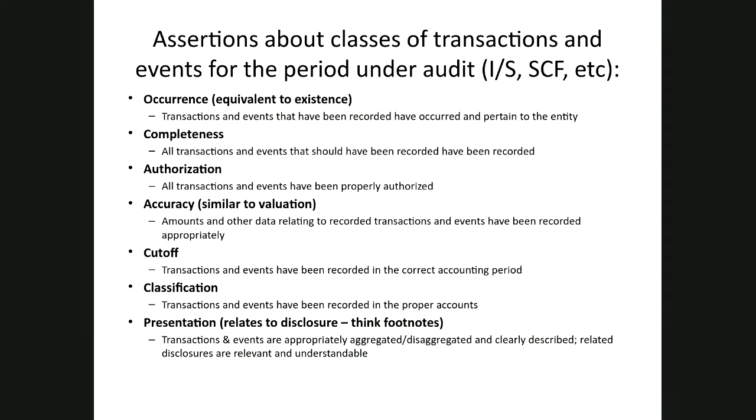For cutoff, so cutoff again is a unique assertion to the class of transactions. So cutoff is about things being recorded in the correct accounting period. So with things like cutoff, we're usually concerned essentially with the transactions that happened in the last couple weeks of the year and the first couple weeks of the new year, right? So if we're auditing fiscal year 2019, we're concerned with the last couple weeks of December 2019.